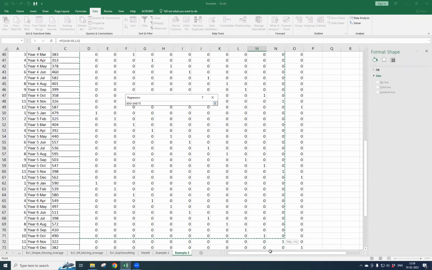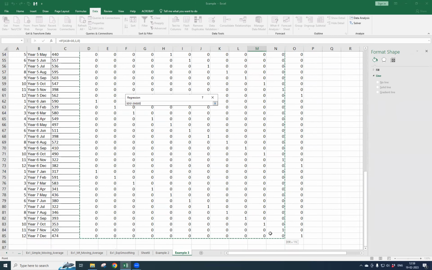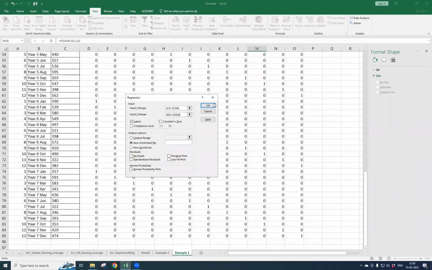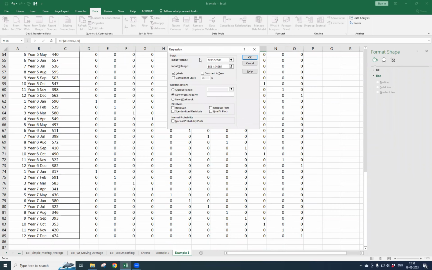In fact, you can even select all 12. Automatically, Excel will give you an error in the output, so that will take care of that. But just for argument's sake, I'm only taking 11. You can try selecting all 12 and see what happens. Let me look at the output over here.